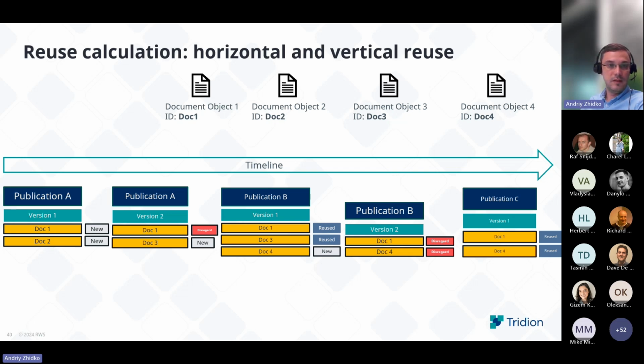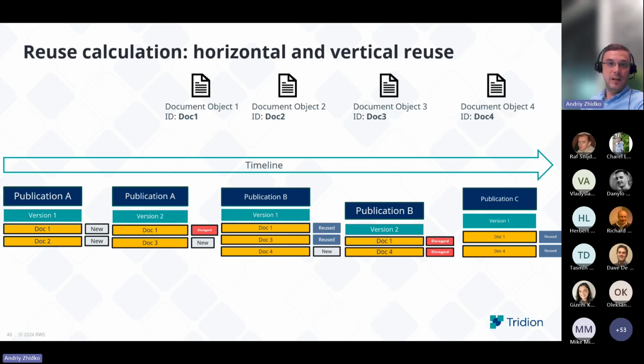We removed document 2, added document 3, and left document 1. Since document 1 was present in the previous version of publication A, it will have status disregard. Document 3 was not used before, so it will have status new.